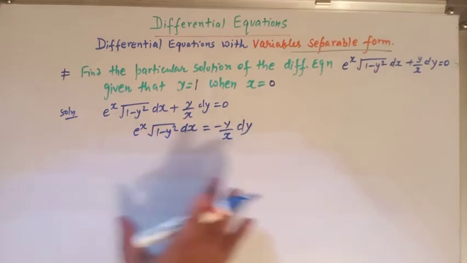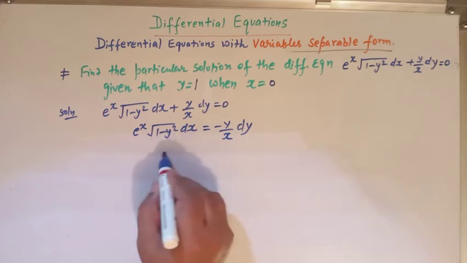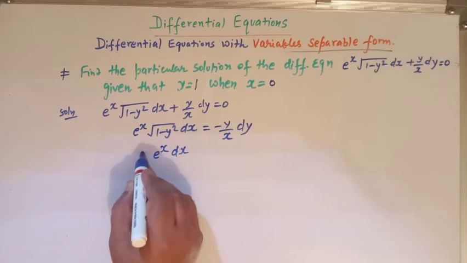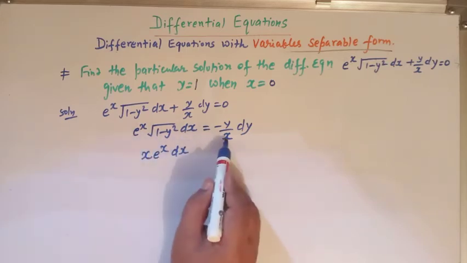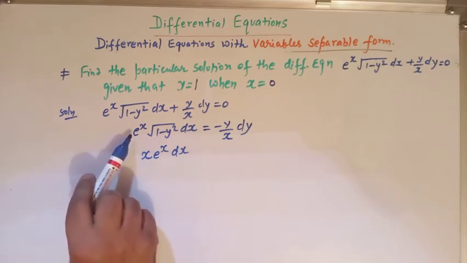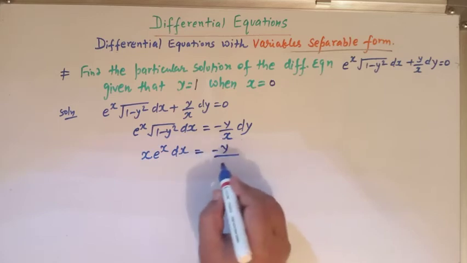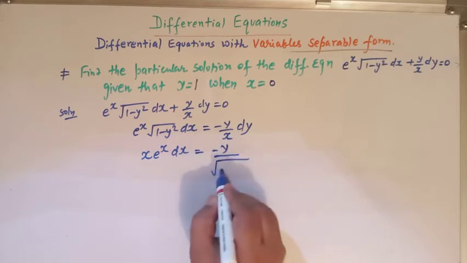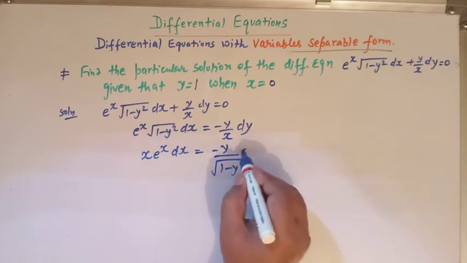Now let us separate the variables, and we have x e raised to x dx, we multiply x to the left hand side, and then we have minus y over square root of 1 minus y square dy.